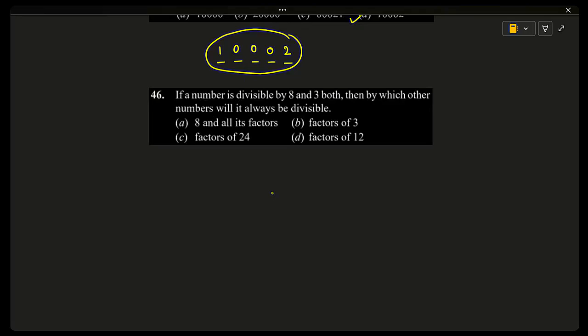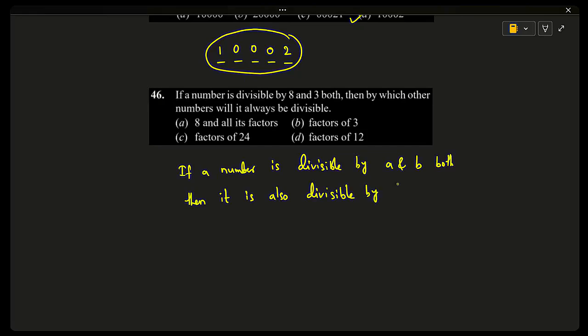So you remember one thing, we already gave a note point also: if a number is divisible by a and b both, then it is also divisible by their LCM.